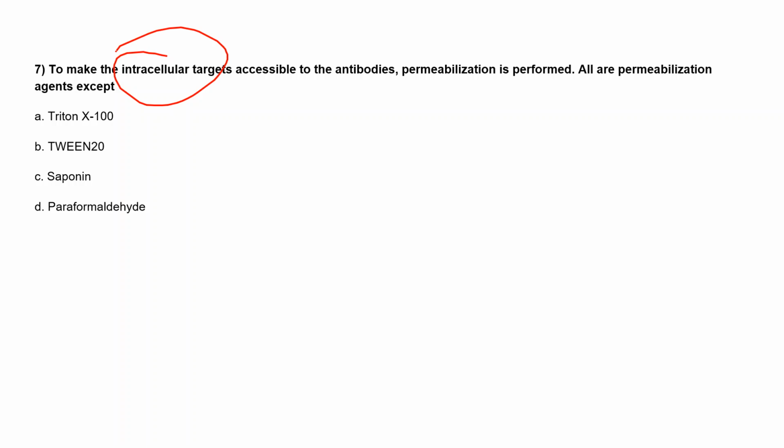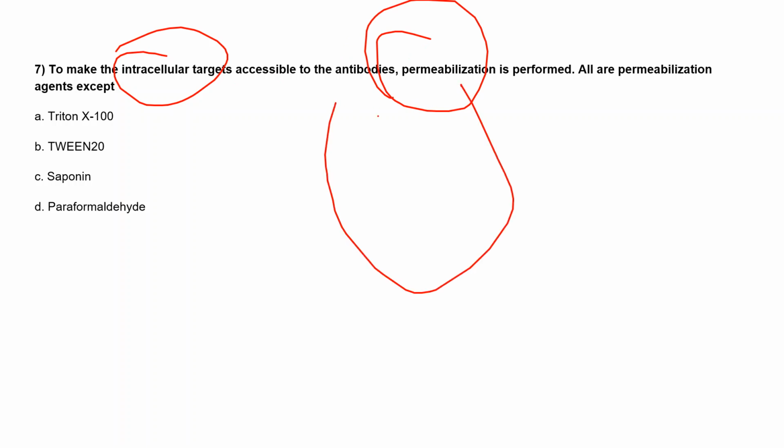So there will be a need for a permeabilization step. Permeabilization means the lipid interactions will be loosened, so that the antibody can go inside the cells and bind to those particular proteins. So all are permeabilization agents.